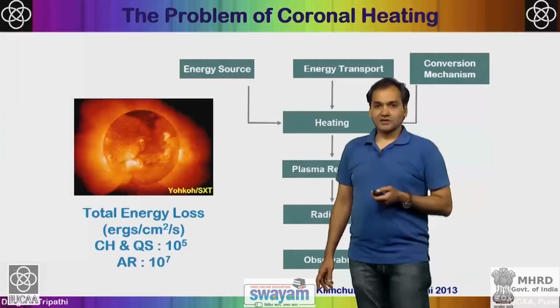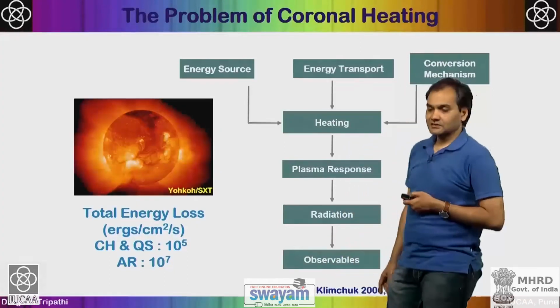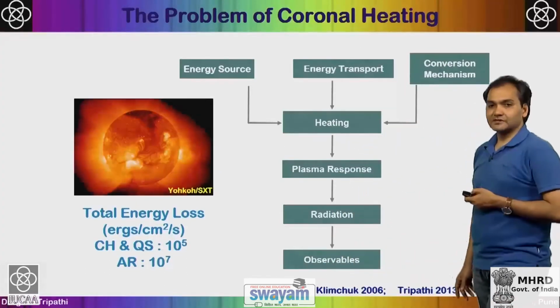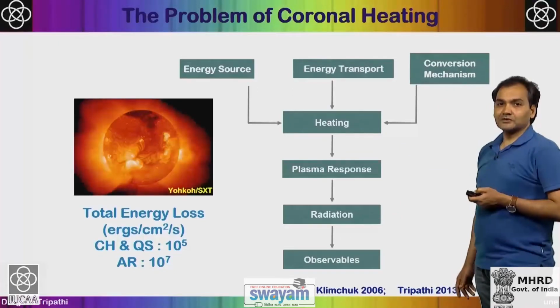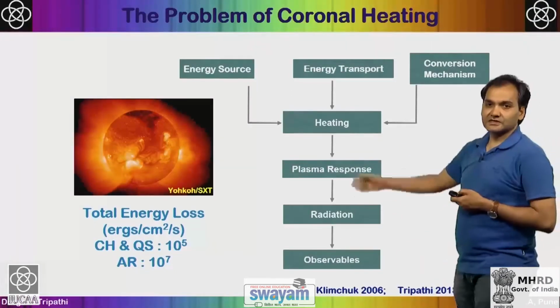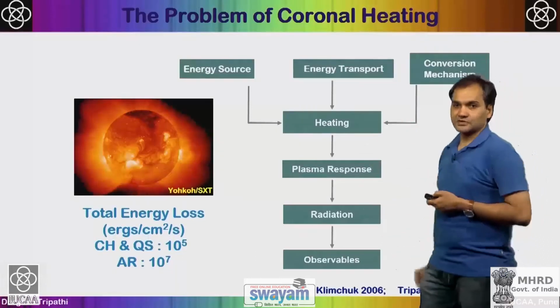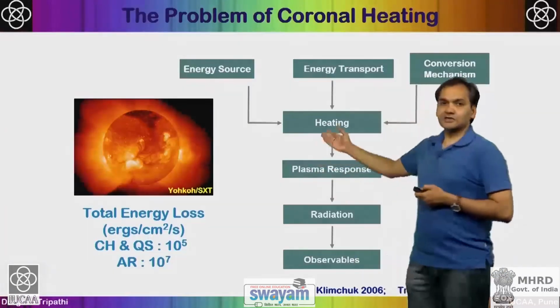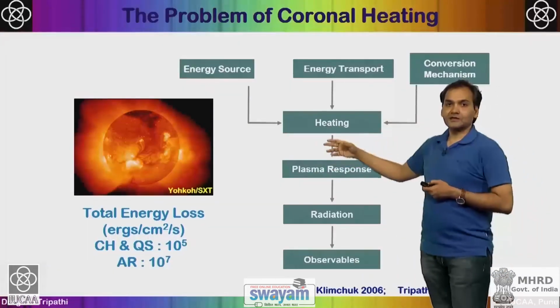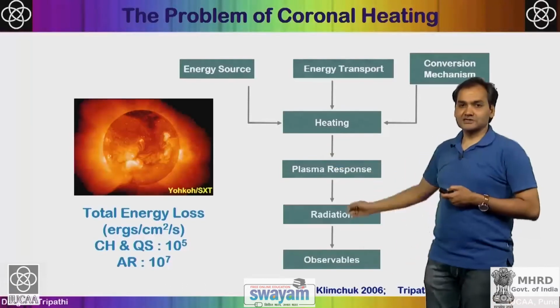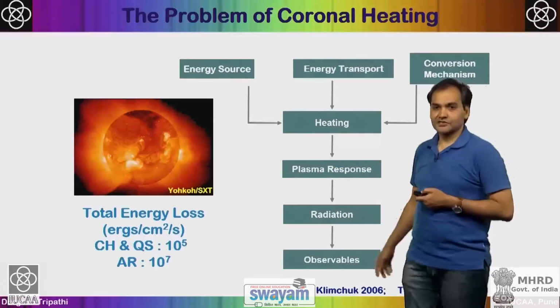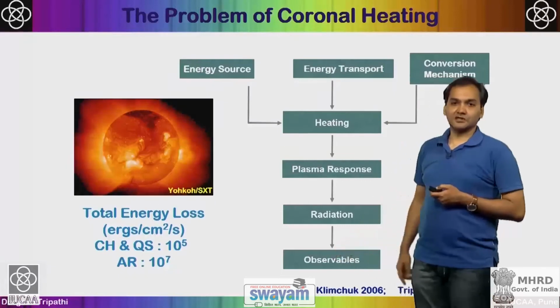So, the problem of coronal heating reduces to many different problems. We have to look for the energy source, the energy transport, and the conversion mechanism, which all together will put in heating. Heating will lead to the plasma response, which will lead to the radiation, and then radiation will lead to the observable.